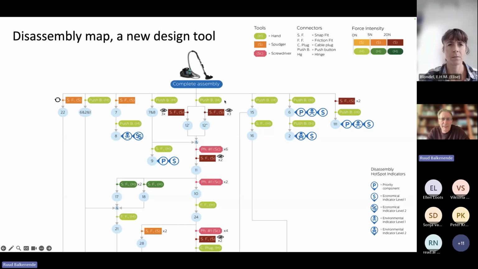The shapes indicate the type of tool that is used, and the colors indicate the level of difficulty, for instance, the force or other difficulties that you might encounter that might make it time consuming to dismantle a particular part.